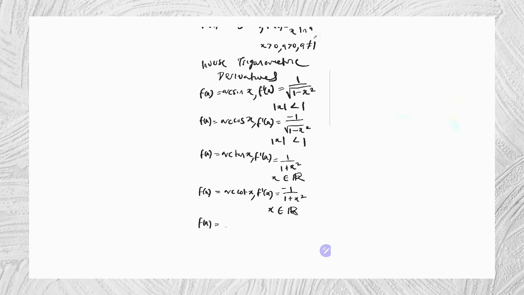And when you have f of x equal to arc sec x, the differentiation of f of x is equal to 1 divided by the absolute value of x multiplied by the square root of x squared minus 1, where the absolute value of x is greater than 1.